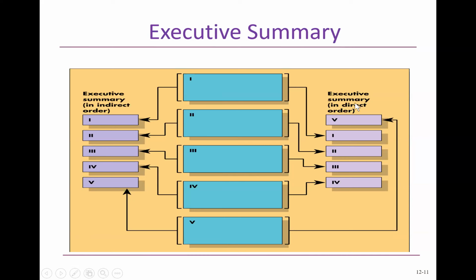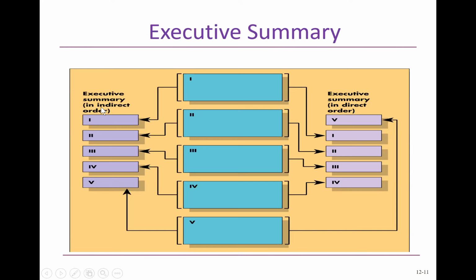If it is direct, meaning positive news, isn't it? If it is a positive report, then you are going to start from section 5. This is the report proper. This 1, 2, 3, 4, 5, 6. These are the report proper. You are summarizing the report proper in your executive summary.